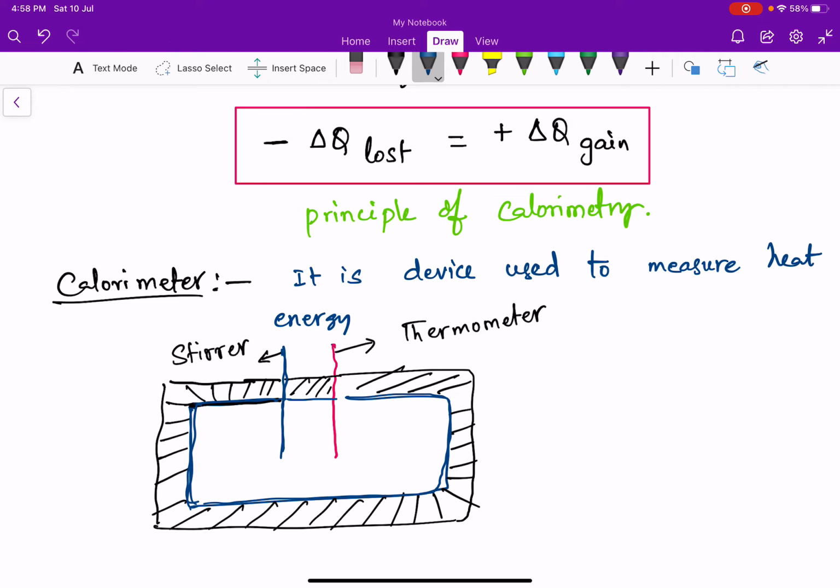The stirrer is also made up of the same metal, and this metal body is surrounded by the insulation material. This insulating material avoids the exchange of heat energy between system and surroundings. So we can explain the working of the calorimeter with an example here.